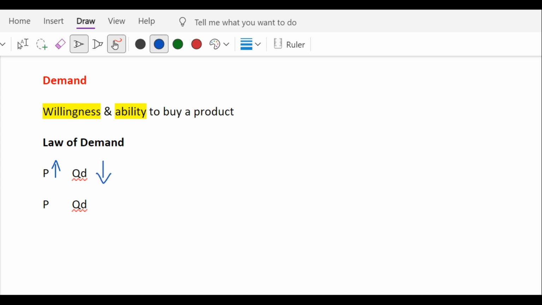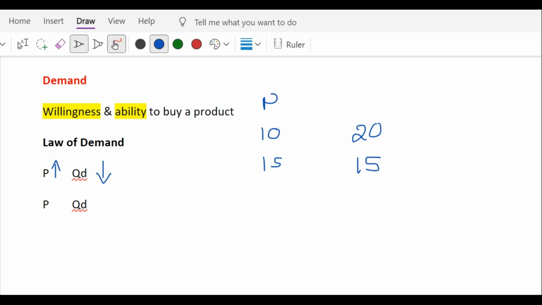So let's say the price was 10, and previously I bought 20 chocolates. But if the price increases to 15, I will buy a quantity lower than 20. Let's say I'll buy 15 because now chocolates are way more expensive, right?